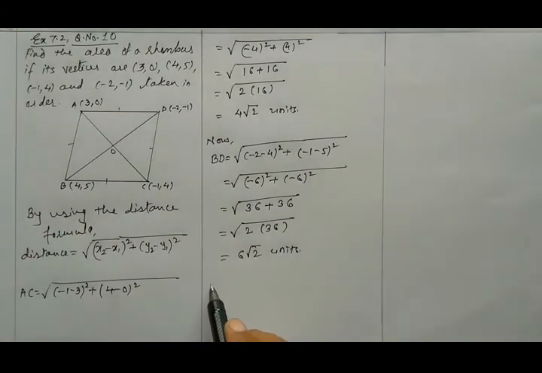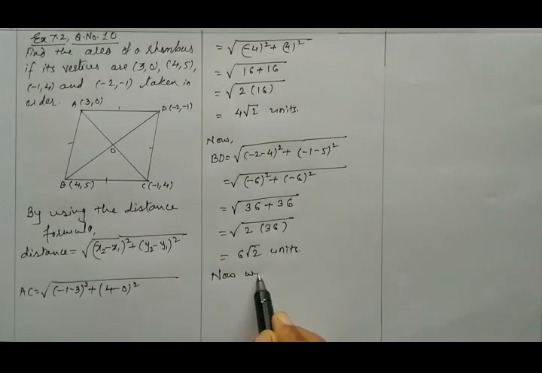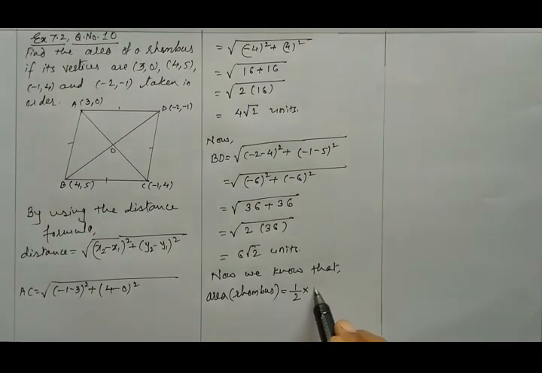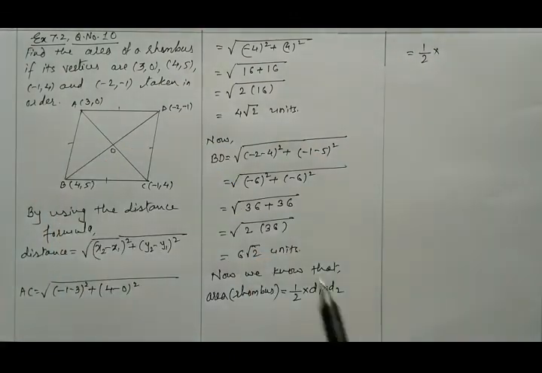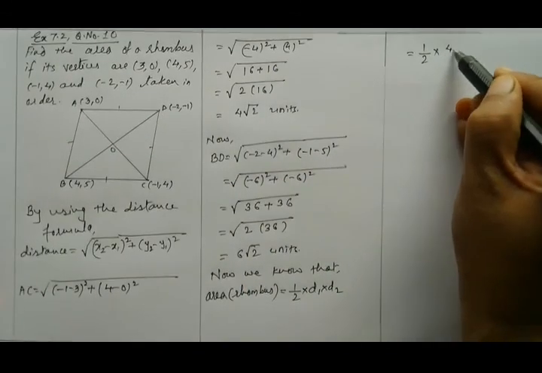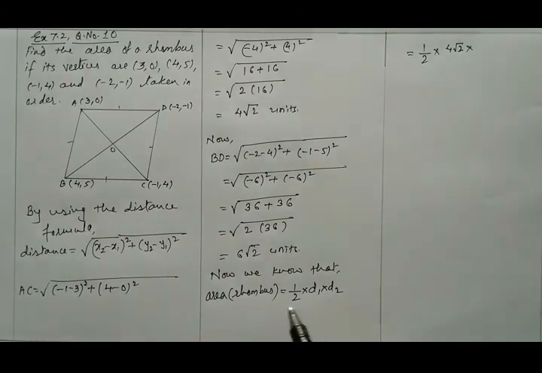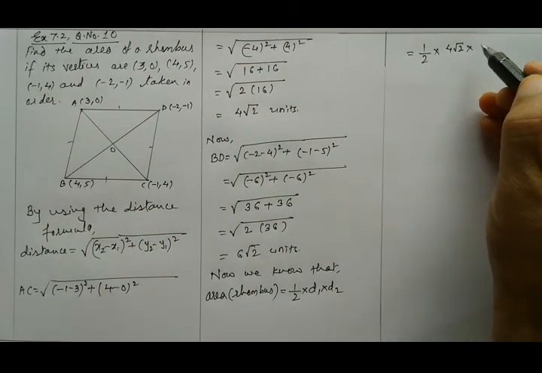Now we know that the area of a rhombus is equal to half into d1 into d2, where d1 is the length of diagonal 1 and d2 the length of diagonal 2. So half into diagonal 1, AC, which is 4 root 2, multiplied by BD, which is 6 root 2.